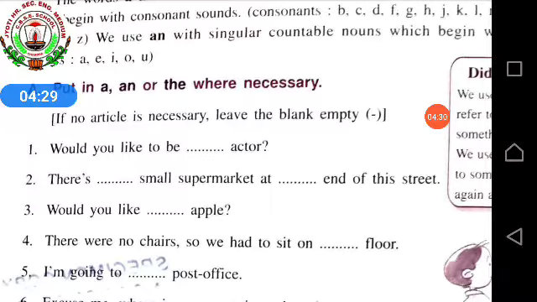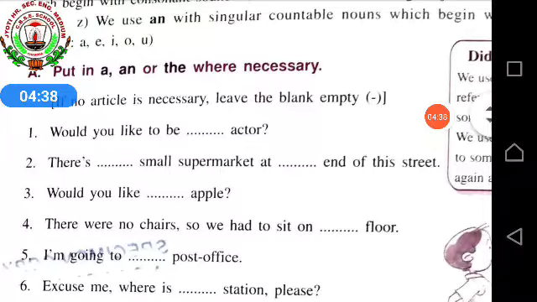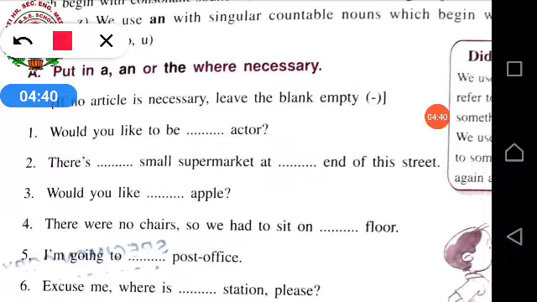In the same way, second one. There's dash small supermarket at dash end of this street. So what will come over here? There's, S is a consonant, so: there's a small supermarket at the end of this street.